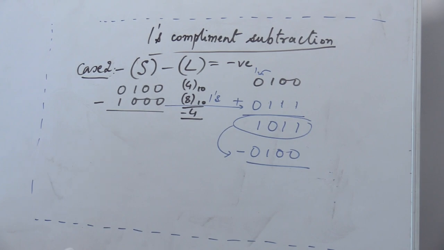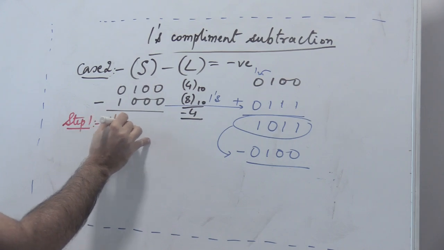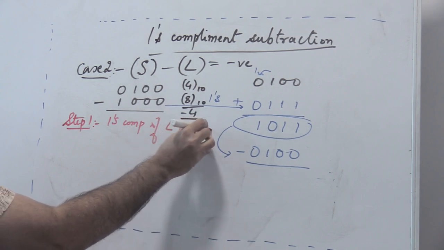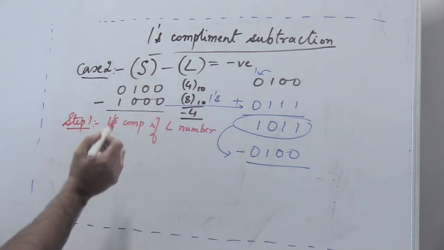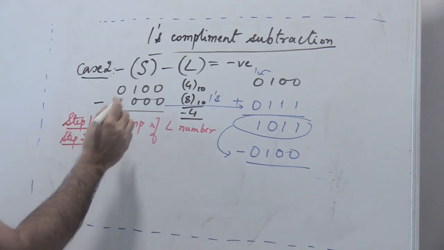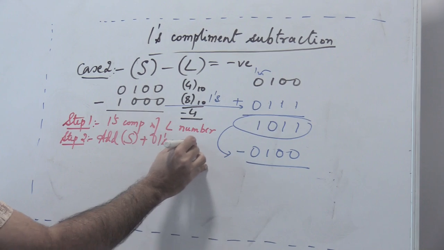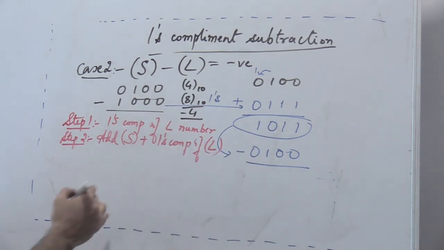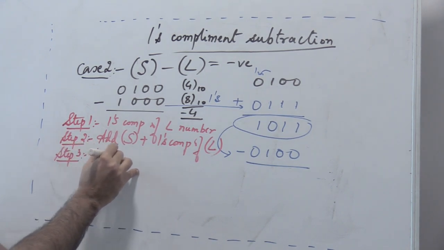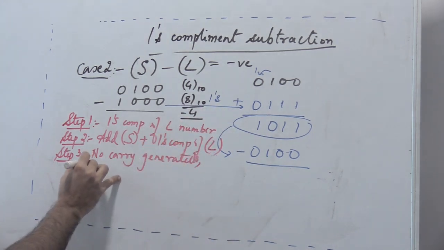So what are the steps? Step 1, find 1's complement of the larger number. This is for small minus large. Step 2, add both of them. Add the smaller number plus 1's complement of the larger number. Step 3, no carry generated, and the result is in 1's complement form.